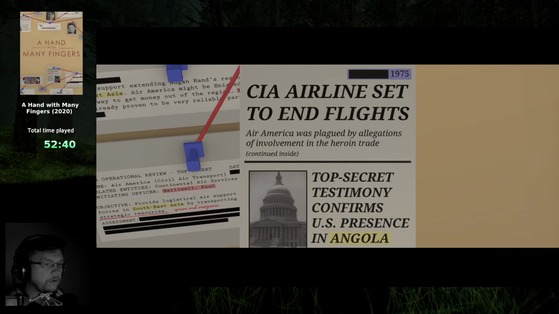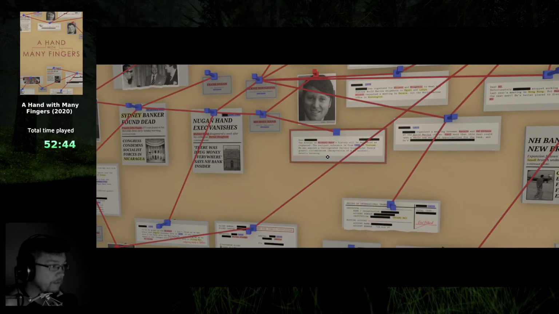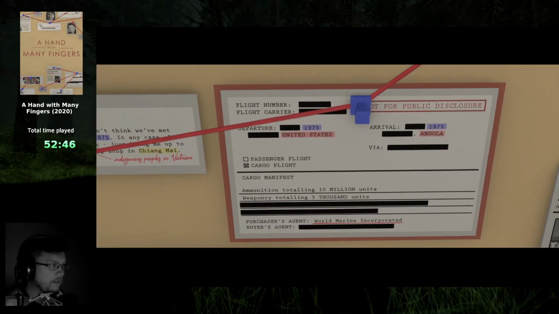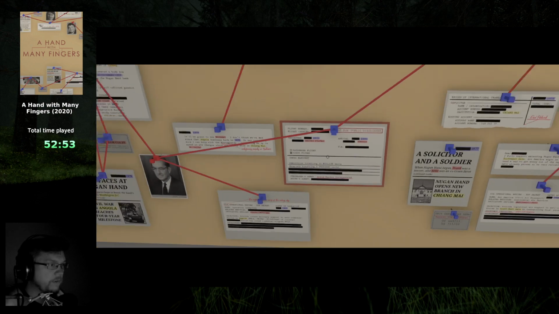We have something about Angola here somewhere. I know we did, I just can't remember where. There. World Marine Incorporated was buying weapons for Angola.